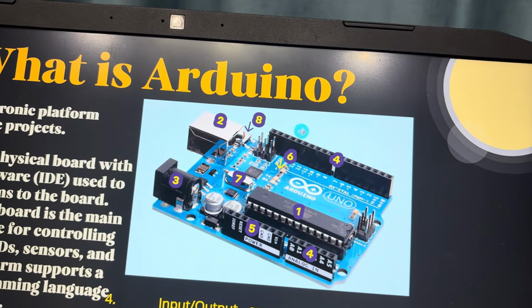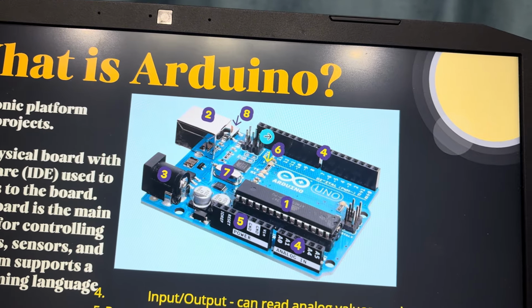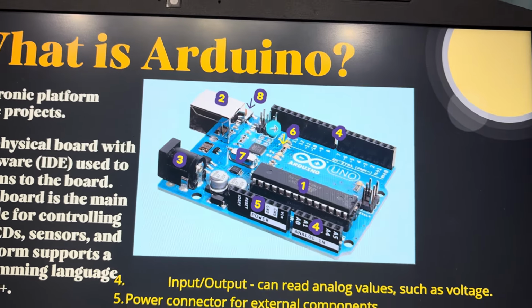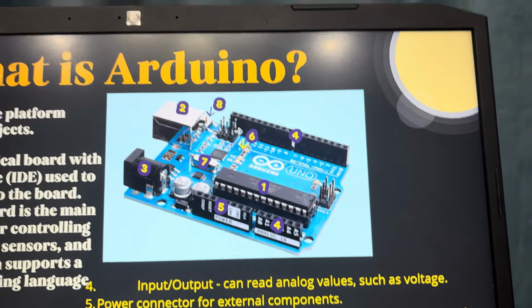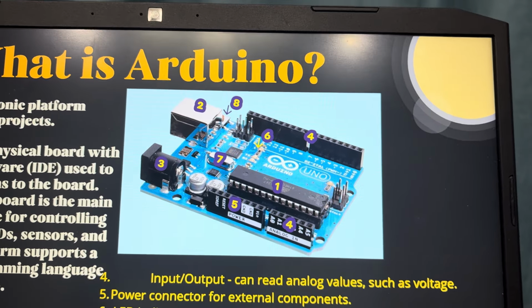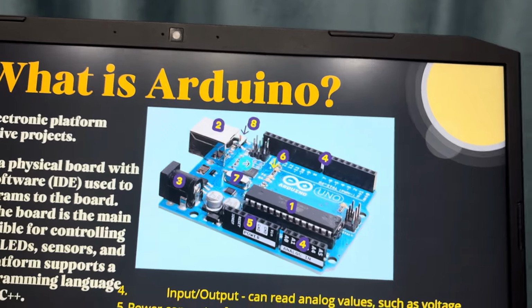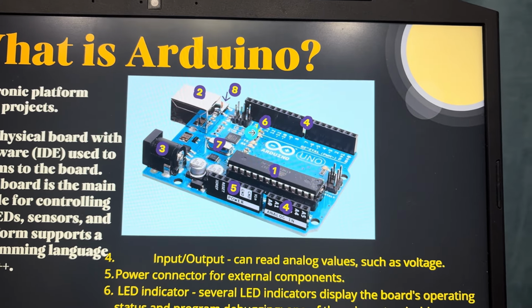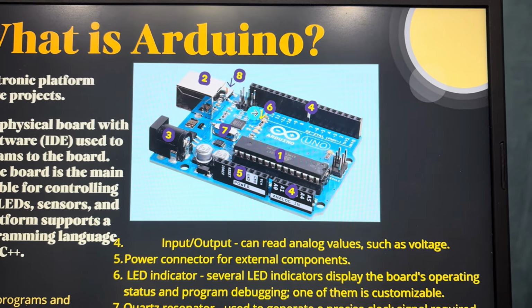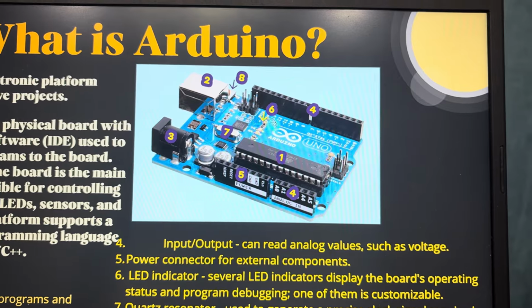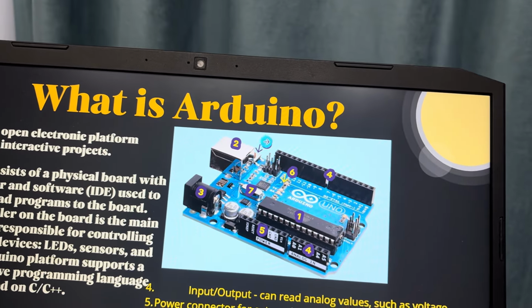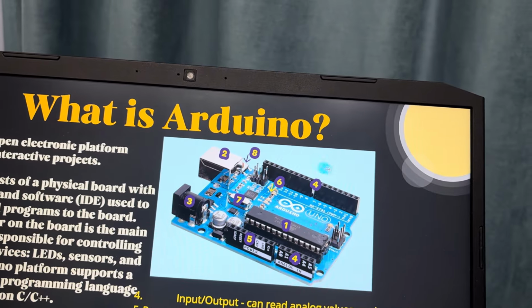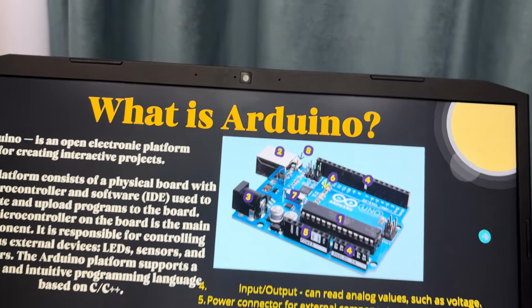Sixth is the LED indicator. Several LED indicators display the board's operating status and program debugging. One of them is customizable. Seventh is a quartz resonator used to generate a precise clock signal required for the microcontroller. And eighth is the reset button, used to stop the program and reset the microcontroller.